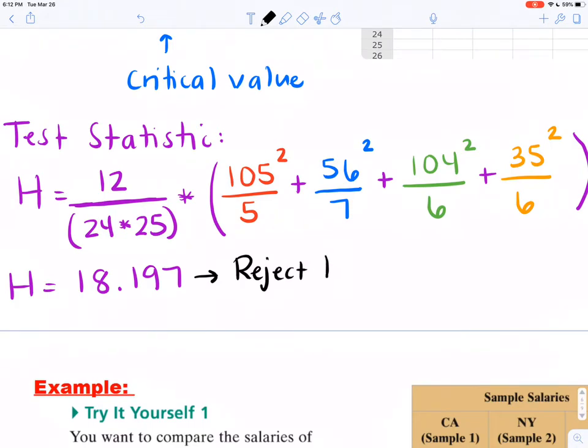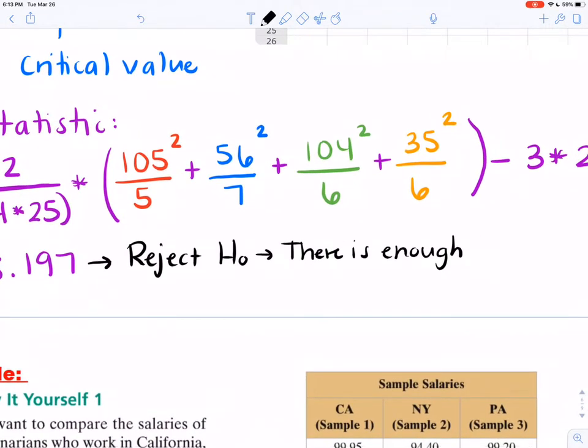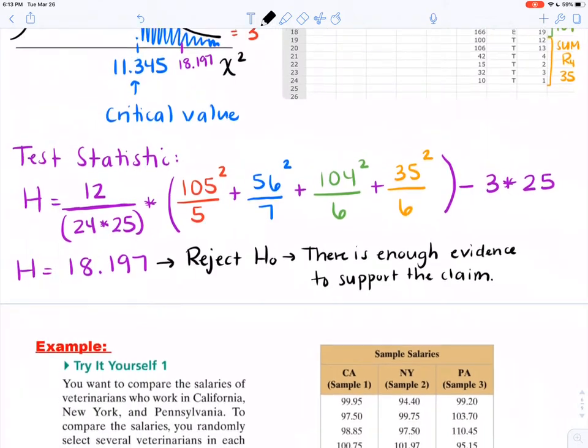So we will reject the null hypothesis, and if I reject the null hypothesis, there is enough evidence to support the claim, because remember our claim was that there was a difference in the mean caffeine content for these 4 different types of drinks.